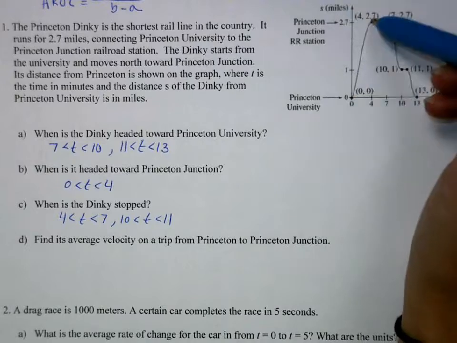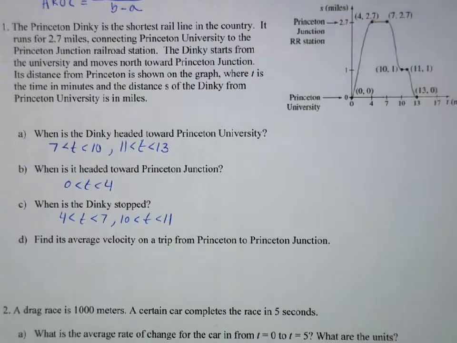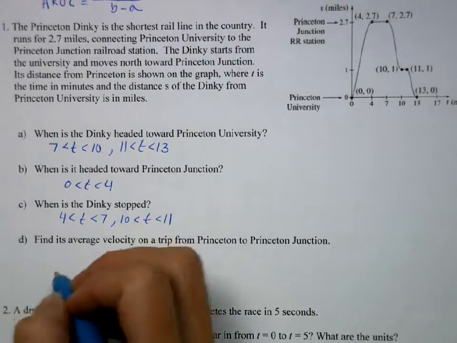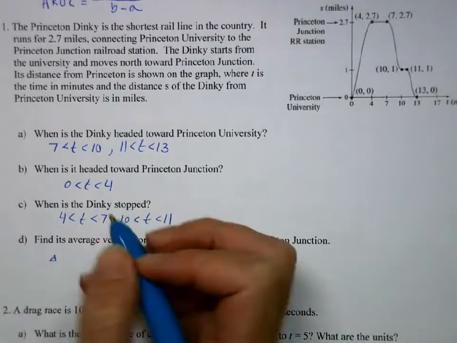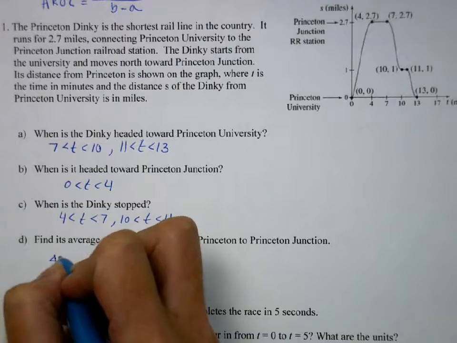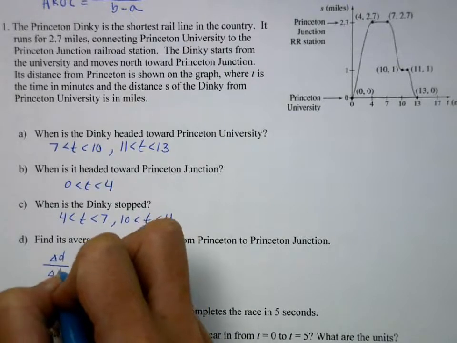So from here to here. The average velocity is going to be the change in distance, say d, over the change in time.